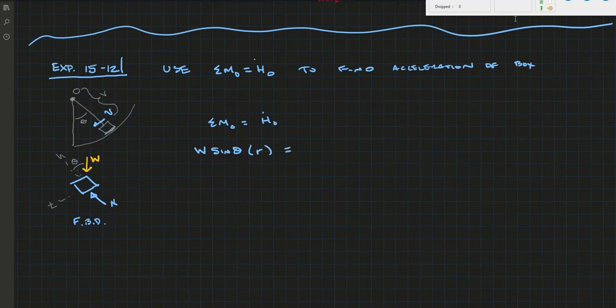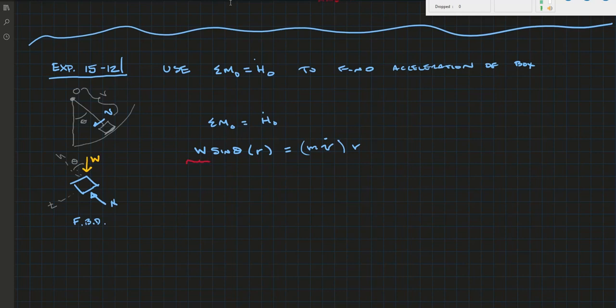And then this equals H0 dot that we derived above, which is mass times velocity dot times r.